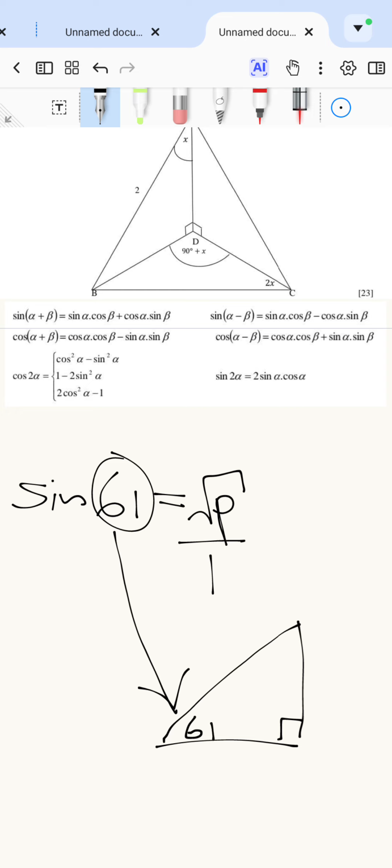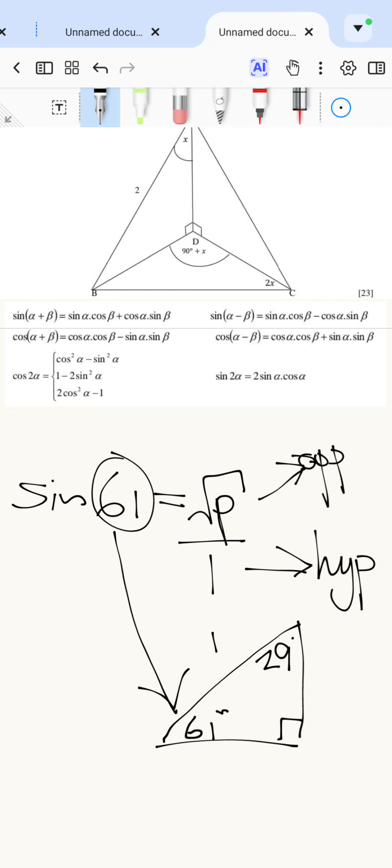And then obviously this angle over here would be 180 minus 90 minus the 61, so it's going to give us 29 degrees. Okay, cool. And then let's just clean this up a bit. We know from SOHCAHTOA that sine is opposite over hypotenuse, so this would be my opposite, and this would be my hypotenuse.